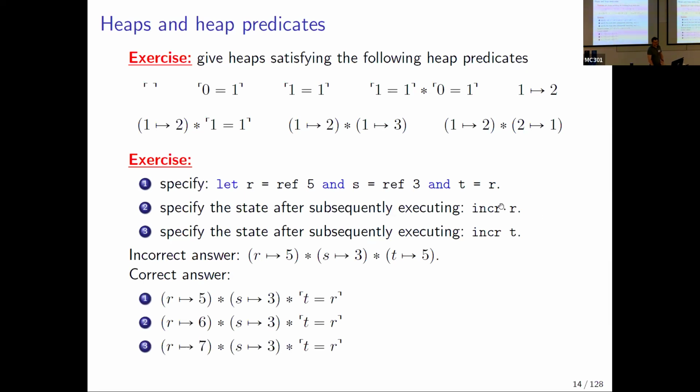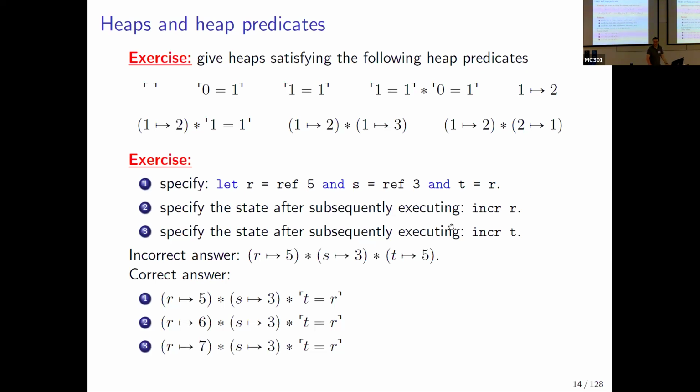If you do incr of R and then incr of T, it's in fact the same reference cell. So you're supposed to specify it like this: R points to 5, S points to 3, and T is equal to R. And then the only thing that's incremented is the 5 to 6 to 7.